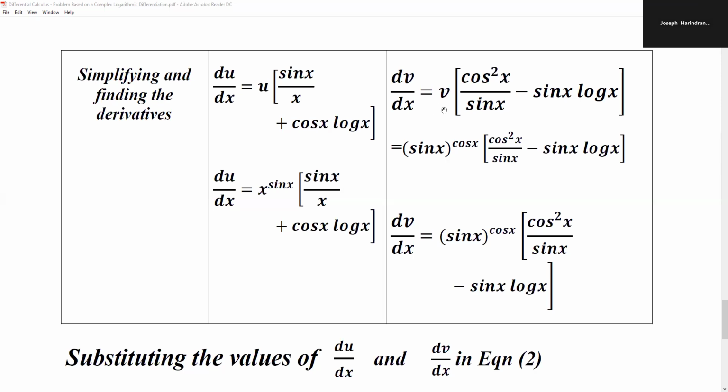Now v is substituted as sin x power cos x into cos squared x by sin x minus sin x log sin x. So dv by dx, after simplification, will be sin x whole raised to the power cos x within brackets, into cos squared x by sin x minus sin x log sin x.